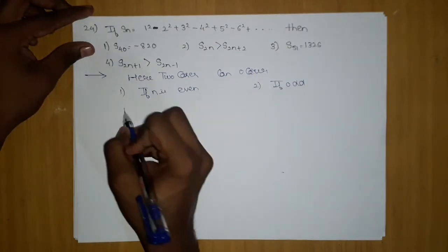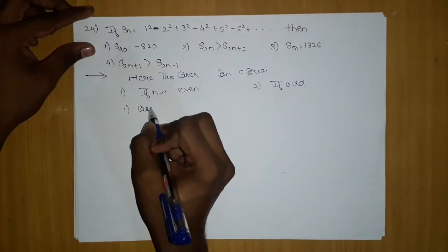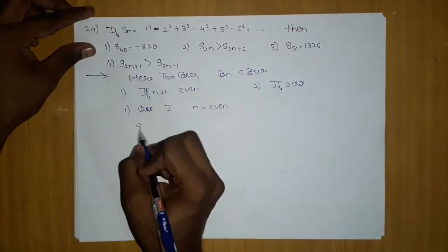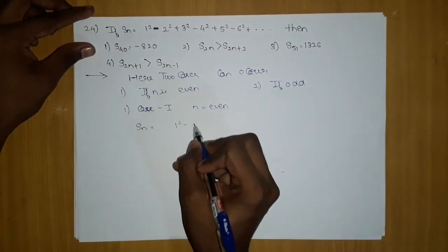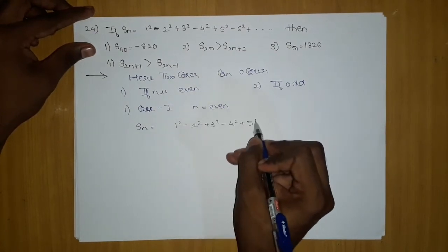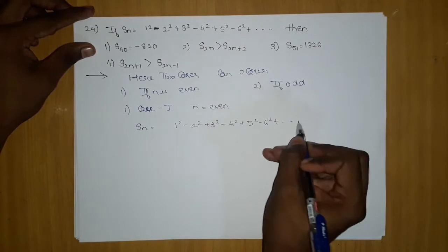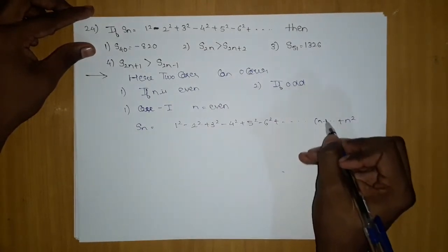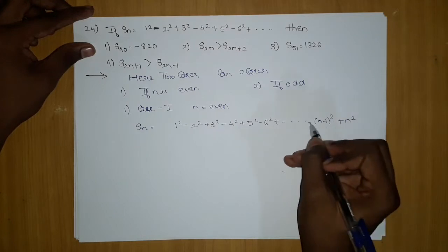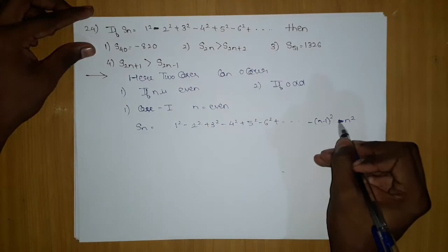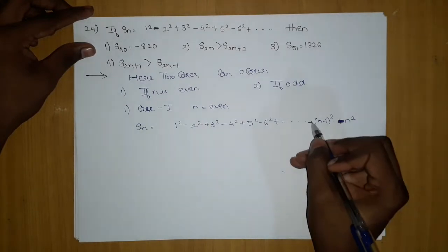Now let's take case 1, that is, n is equal to even. So what will my Sn become? Just see this: 1 square, 2 square, 3 square, 4 square, 5 square, minus 6 square, and so on. The last term will be n square, and before it will be n minus 1 the whole square. If n is even, this will be odd and it will have a negative sign, and if this is odd, it will have a positive sign.